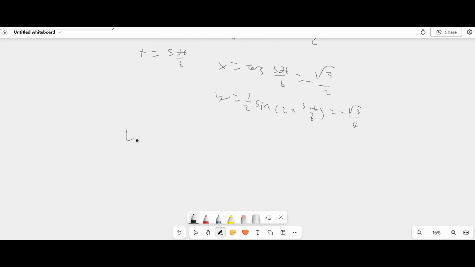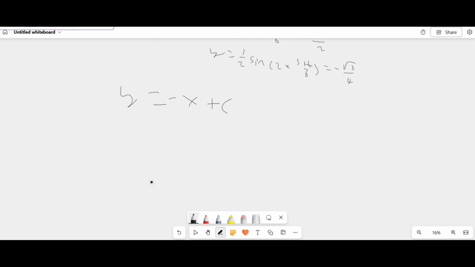Cool. And obviously y is equal to negative x plus c, because we know that negative 1 is the gradient. It's the same gradient for all of these points. So I can say negative root 3 over 4 is y. Negative, obviously, root 3 over 2 is x.